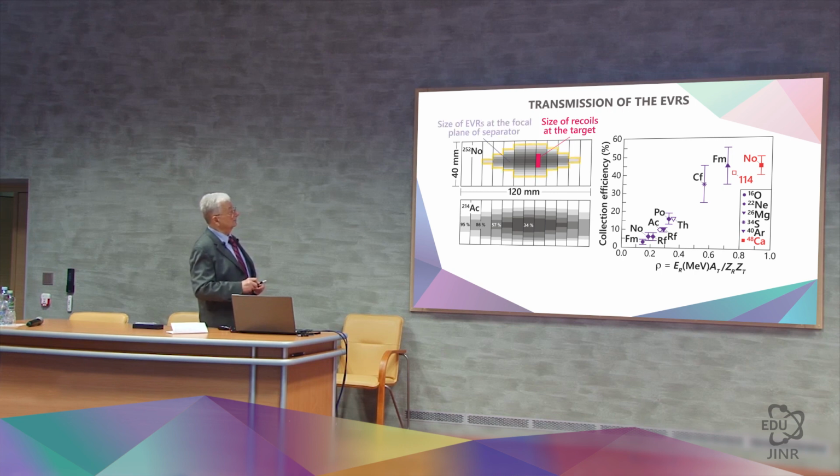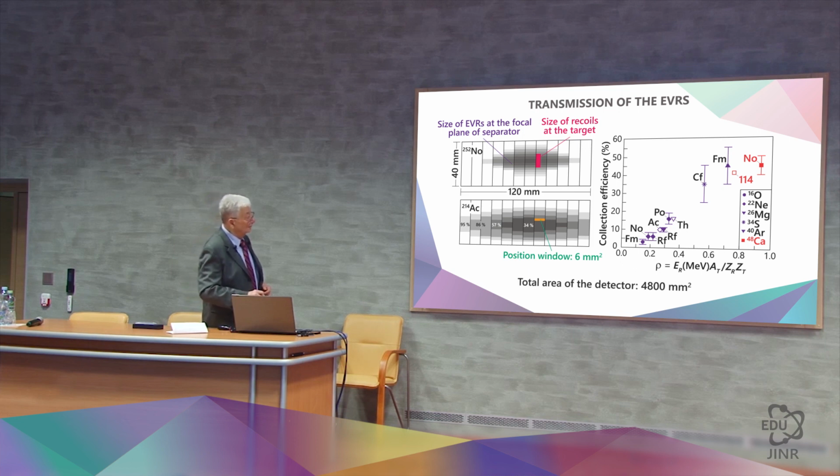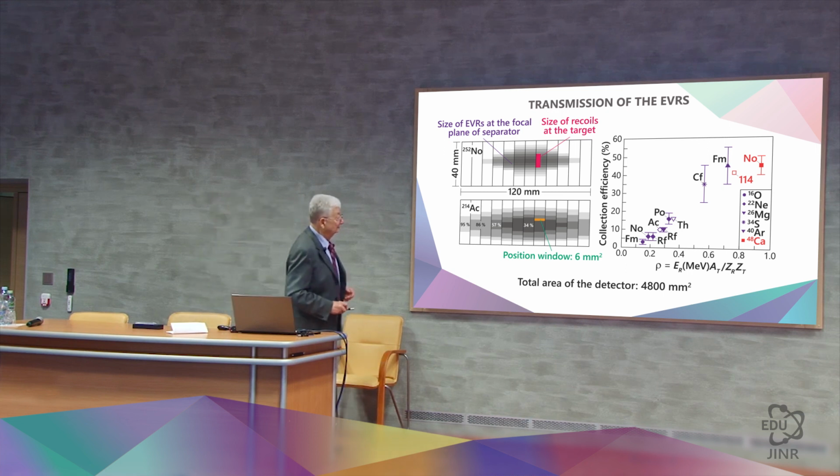This was the size of the evaporation residues at the focal plane of the separator. And here it became different. We can determine its vertical position, and it is approximately 6 square millimeters, while the whole detector is 4,800 square millimeters, approximately 50 square centimeters.